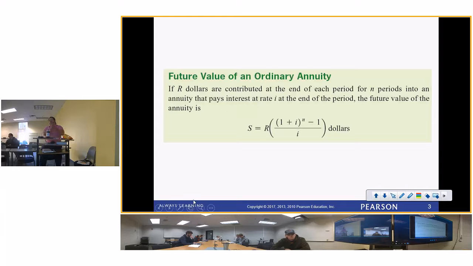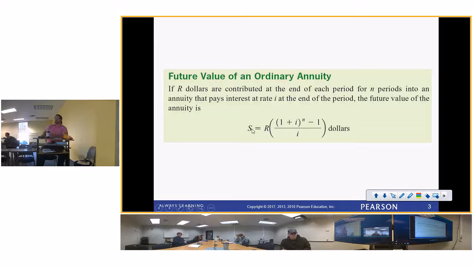Okay, that's annuities. If R dollars are contributed at the end, that would be the same as P. This is what you would put into a savings account or an IRA each month or each year, and in 50 years, get out, an annuity. So R is basically equal to P.